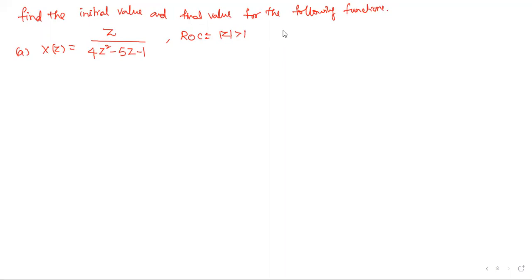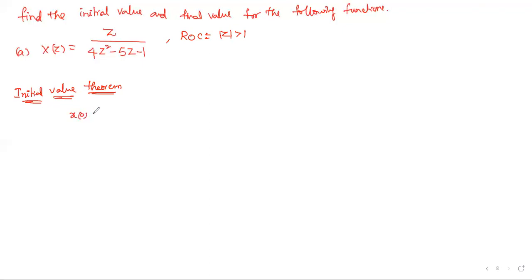First we will solve this one. X of z is z by 4z square minus 5z minus 1. Now remember we need to find the initial value, so we apply the initial value theorem. What is the initial value theorem?